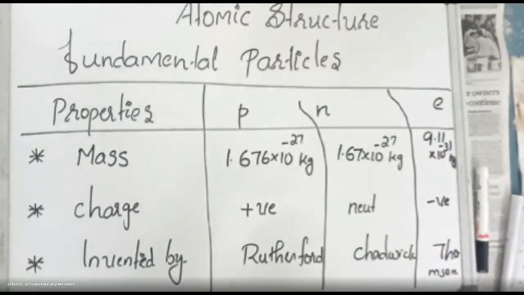So why does quantum chemistry or quantum mechanics arise? Before we deal with this quantum mechanical concept, there is another method called classical mechanics. In classical mechanics, all the particles are treated as macro in size.